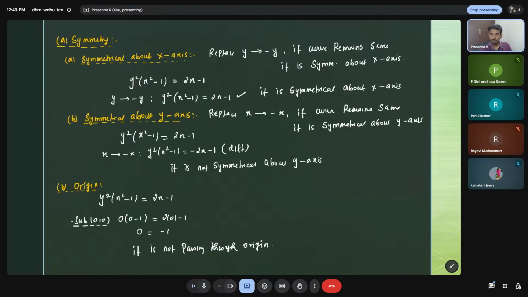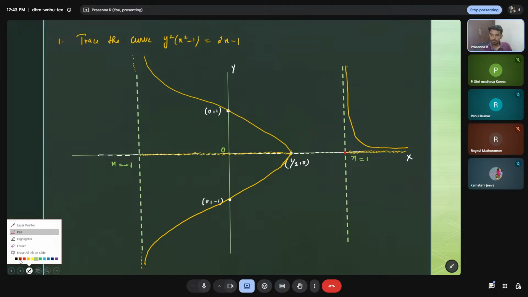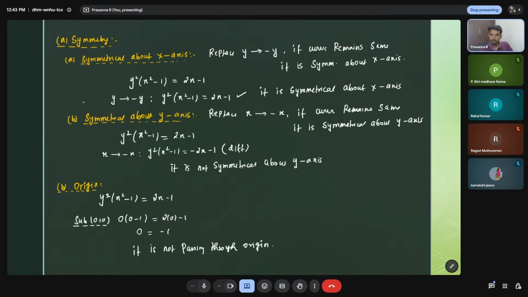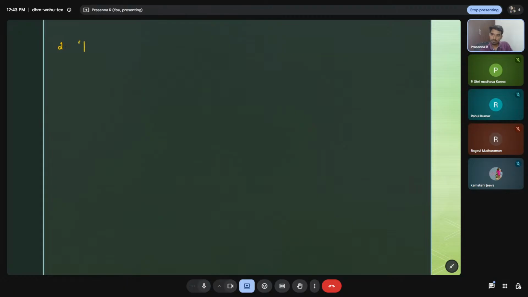So trace the curve. Trace the curve y square x square is equal to x square minus a square.